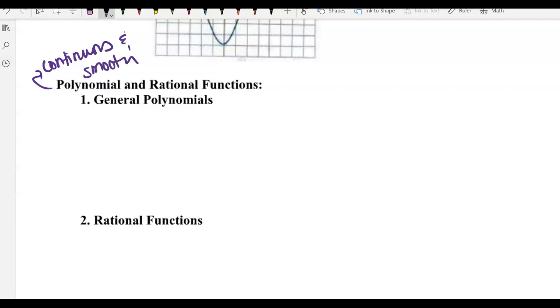Now, rational functions, you guys remember, what do they have in the rational functions? I'm going to give you one. y equals 1 over x. That's a rational function. What do you guys remember about these? Like y equals 1 over x squared. What do those have? Asymptotes. Yep. These will have asymptotes.